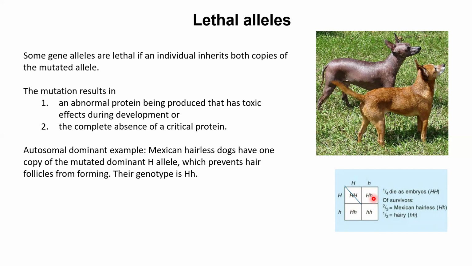An example is Mexican hairless dogs, where they have one copy of the mutated dominant allele, which prevents hair follicles from forming, like this poor doggy over here.